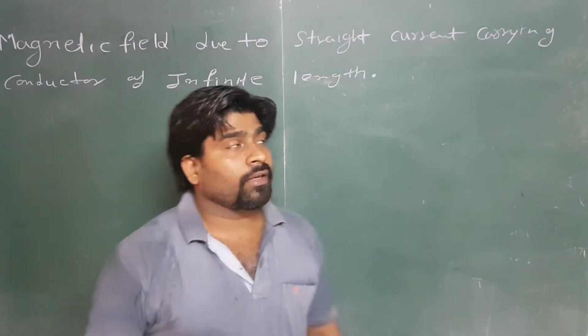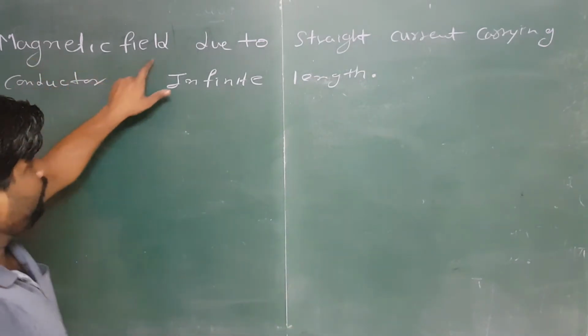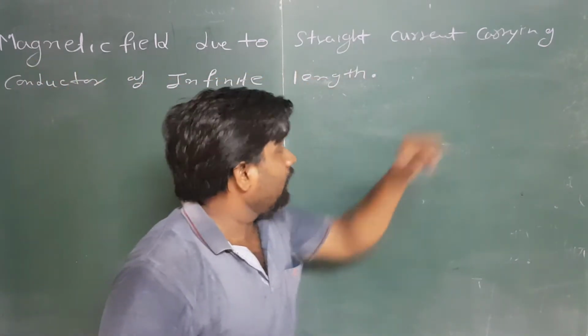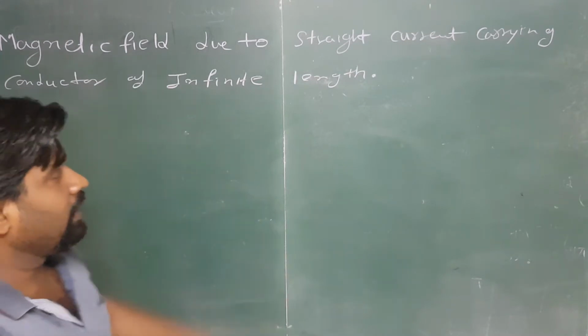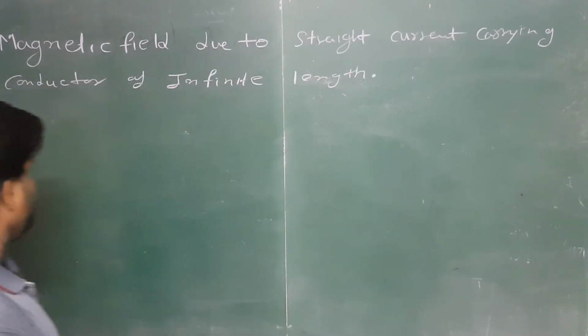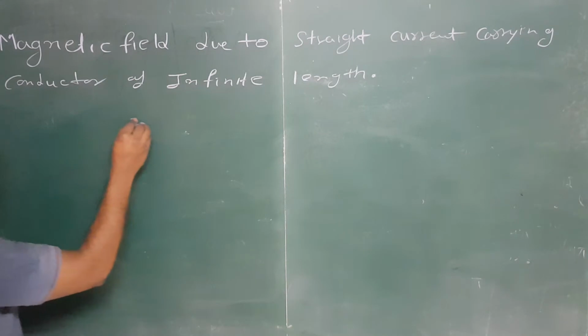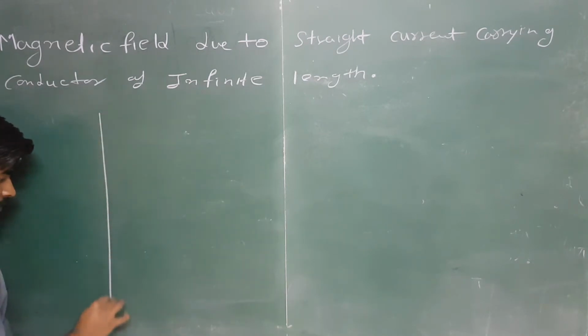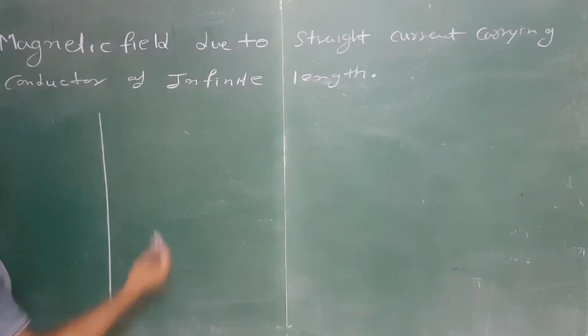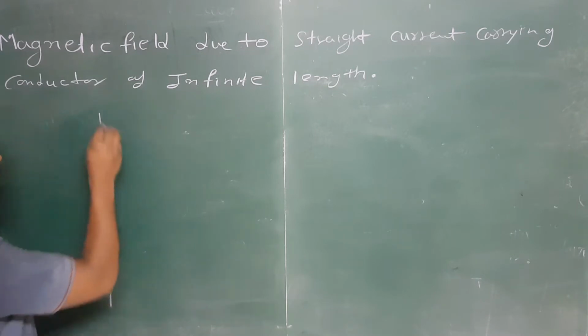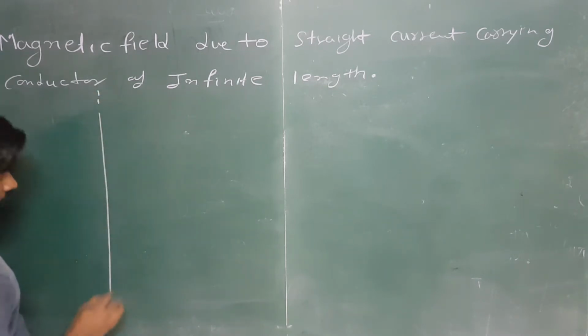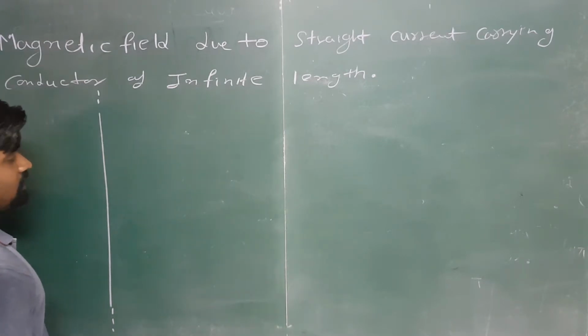Here our new topic is, you can read, magnetic field due to straight current carrying conductor of infinite length. Let's suppose there is this wire and it is a straight wire, has infinite length, so I can draw some dots to make it infinite.